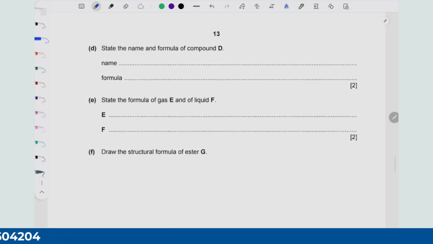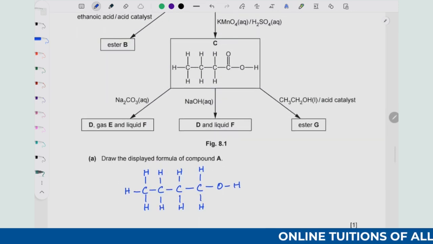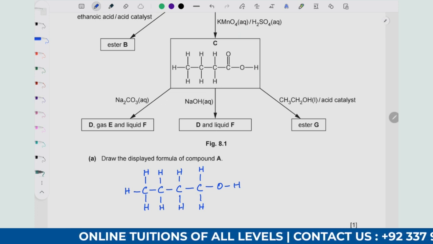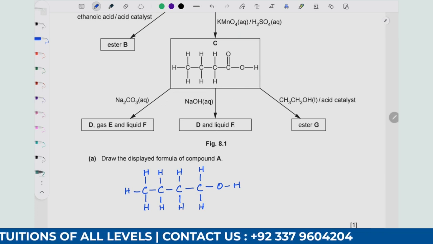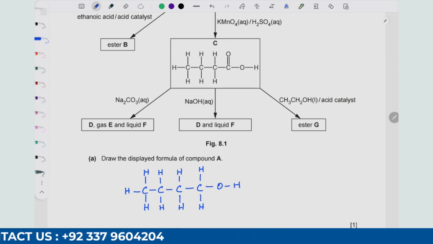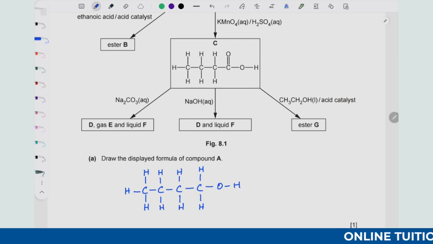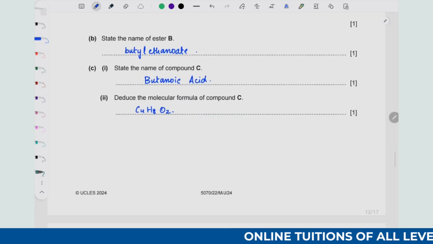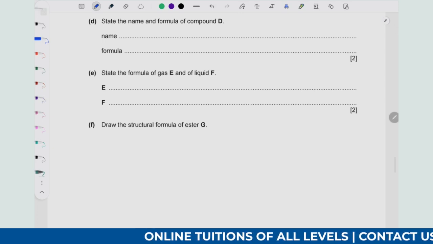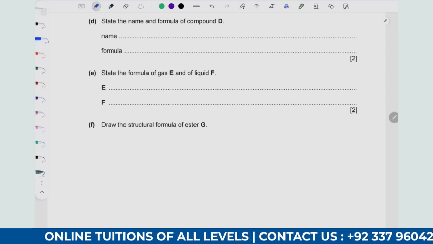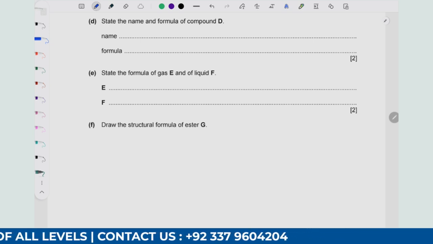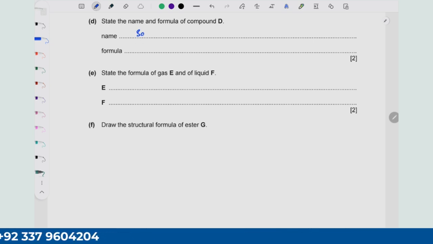Part D says state the name and formula of compound D. Compound D is formed by the reaction of butanoic acid with NaOH, and liquid F is formed. It is also formed by the reaction of butanoic acid with Na2CO3, giving off a gas and a liquid F. So the name of compound D will be sodium butanoate.